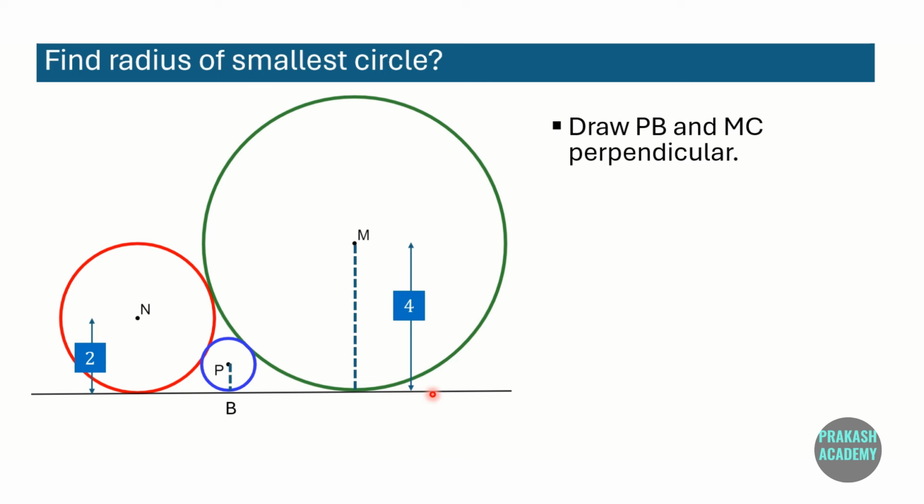So these two are perpendiculars. Now this is radius and this is tangent and this is perpendicular. This means this will pass through the point of contact. So tangent and radius are perpendicular, and in this case by construction this is perpendicular. This means this is a point of contact. This is also a point of contact.